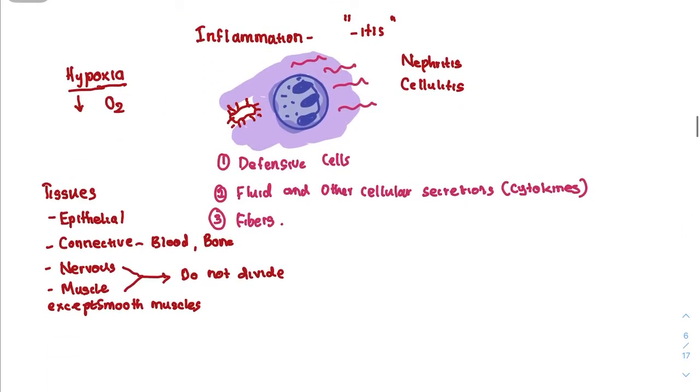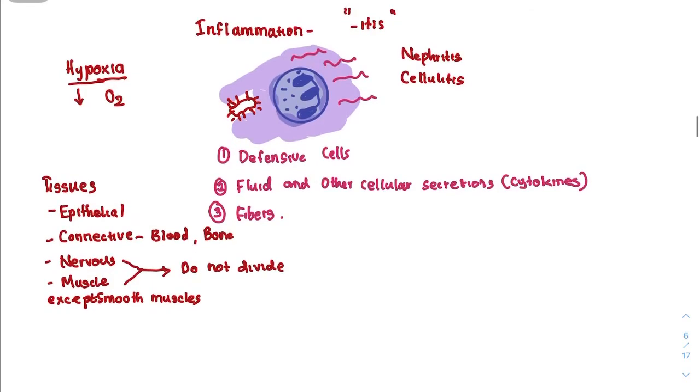Then we're going to talk about this word called inflammation, which is a big topic in the next chapter. The thing you need to know is diseases usually end with the suffix itis: nephritis, cellulitis, and so on. There are so many diseases which end with this suffix that should tell you it's an inflammation. So what is inflammation?